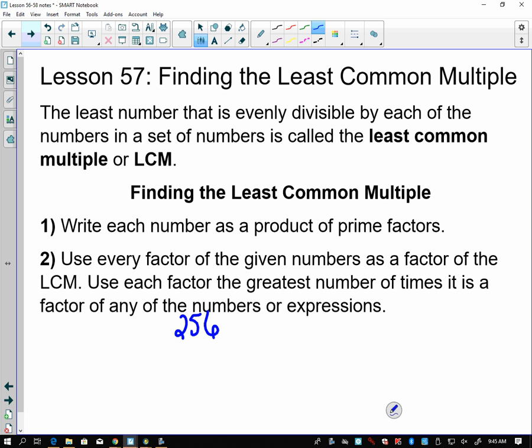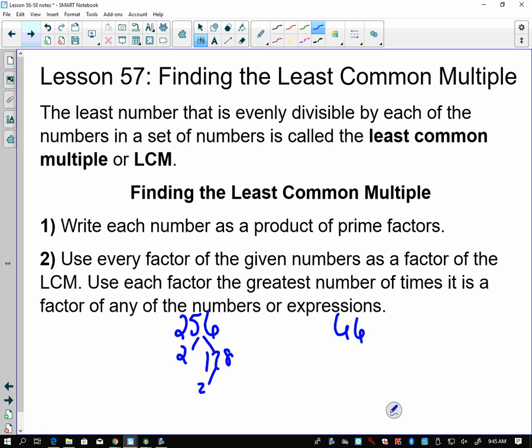66. Okay, 66. All right, let's break it down. What's 256 divided by 2? 128.